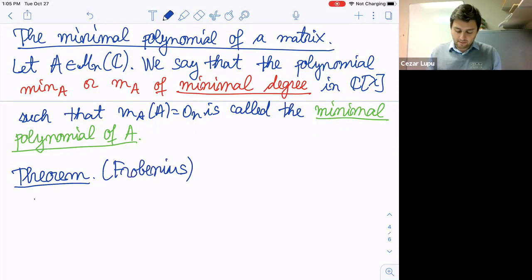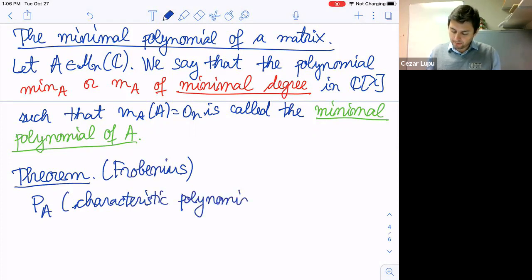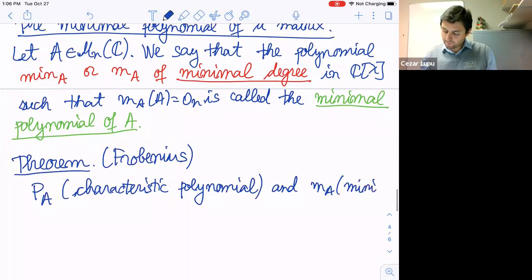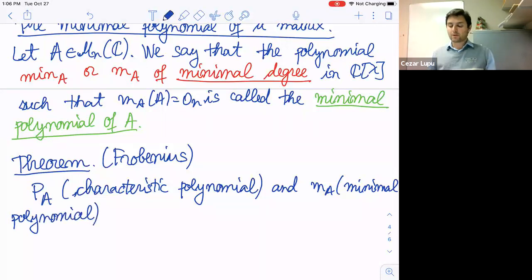It says that the characteristic polynomial P of A and M of A, the minimal polynomial, have the same irreducible factors.